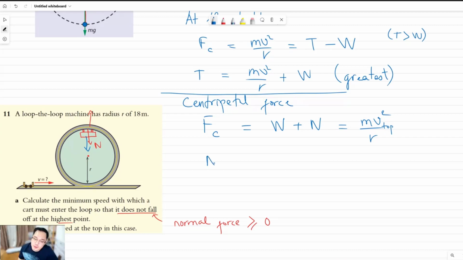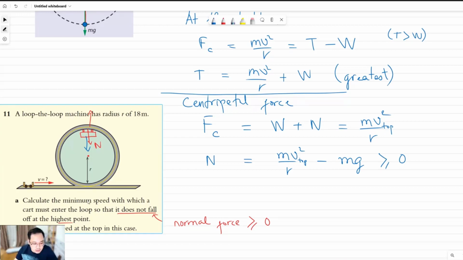So the normal force, greater than or equal to 0, is the centripetal force m v top square divided by radius, minus the weight, which is mg, and it must be at least 0. So to calculate the minimum speed, the question is to find the speed at the bottom, the initial speed.